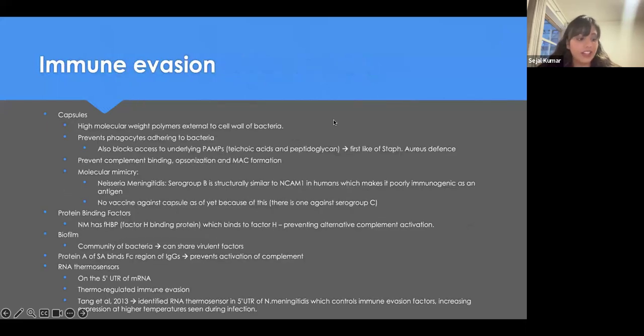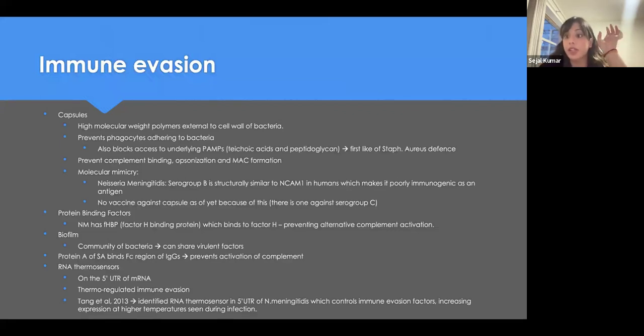And now finally, we've got onto immune evasion. There's a range of different things that bacteria do to be successful pathogens. So you can have capsules, which are basically high molecular weight polymers. They exist external to the peptidoglycan cell wall layer, and they prevent the phagocytes from adhering to the bacteria.